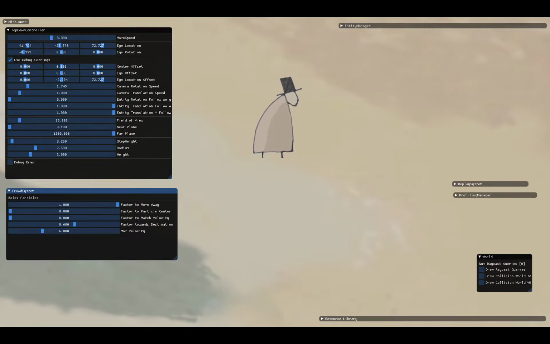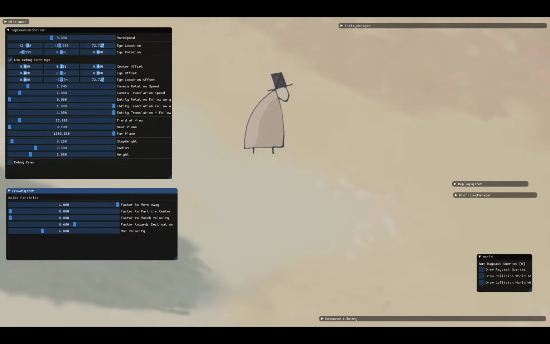Some of these forces go toward the center of local, closely related birds, and they also had the behavior to match velocity of the nearby birds, and one to do avoidance.